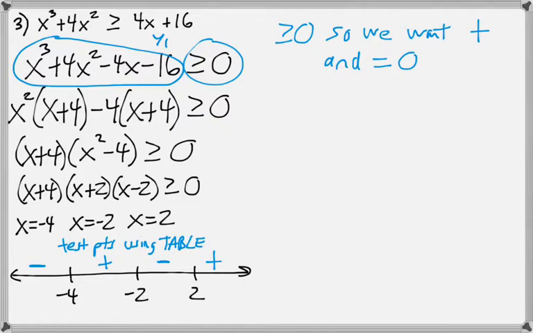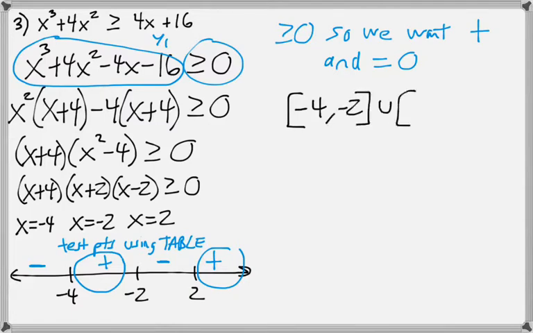So I do want these regions, and I am going to include the cutoff points, so I do want to use brackets here because it's greater than or equal to 0. So that'll be bracket -4 to -2, and then bracket 2 to infinity.